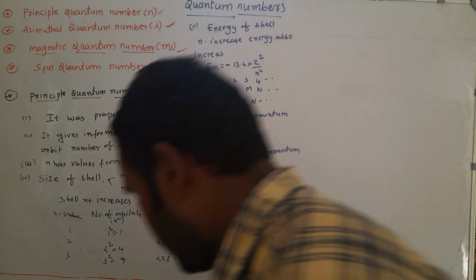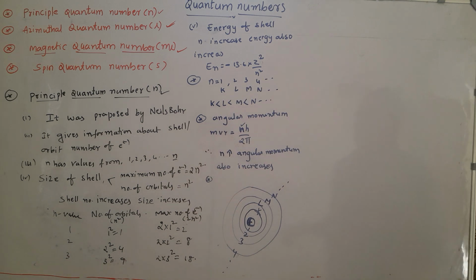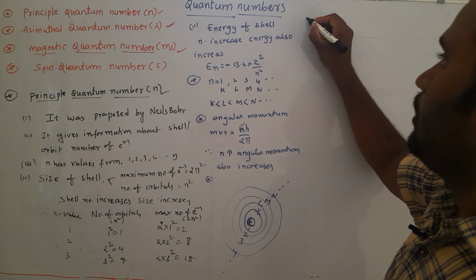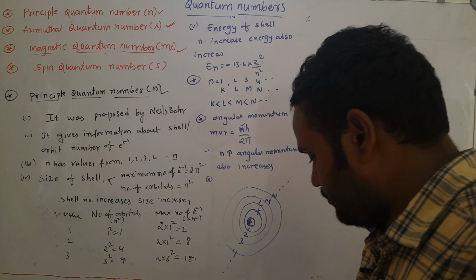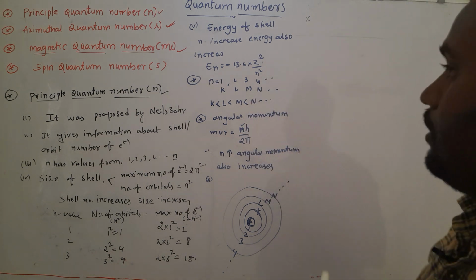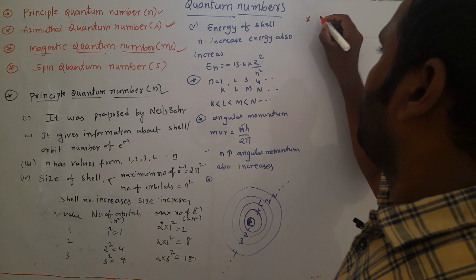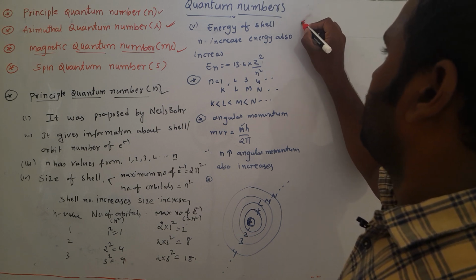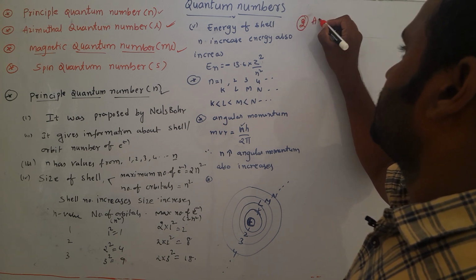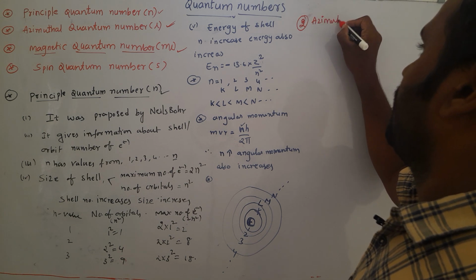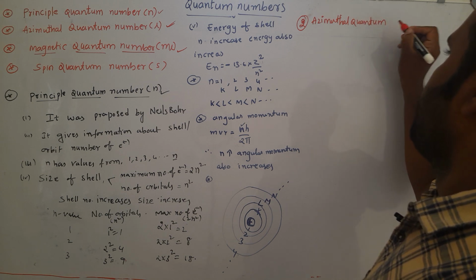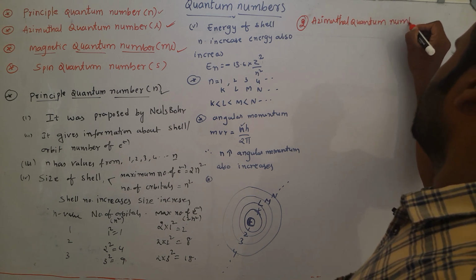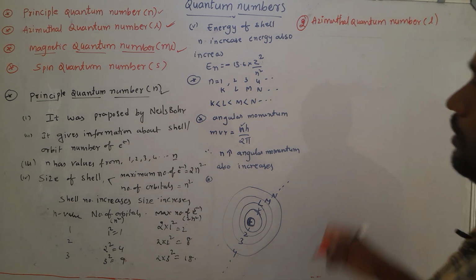Next, coming to one more quantum number, that is the azimuthal quantum number, the second quantum number. The azimuthal quantum number is indicated with the L value.